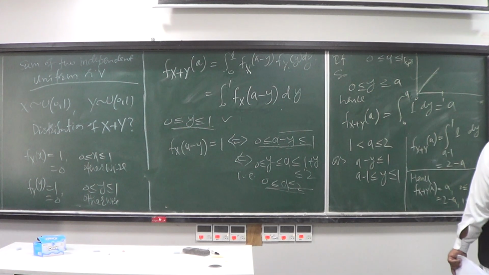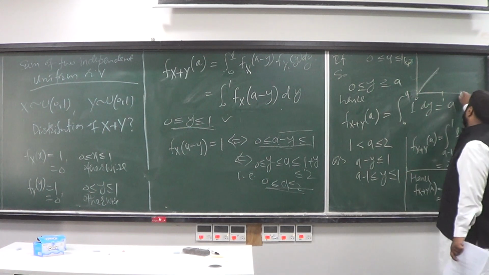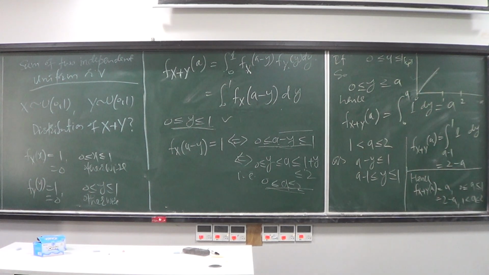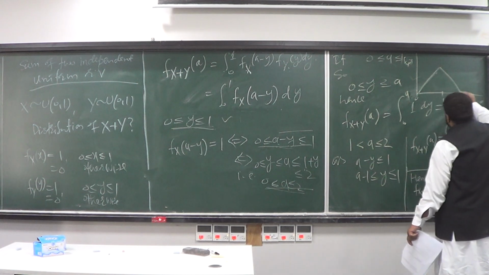And between 1 and 2, if you plot 2 minus a, you're going to get something like this.